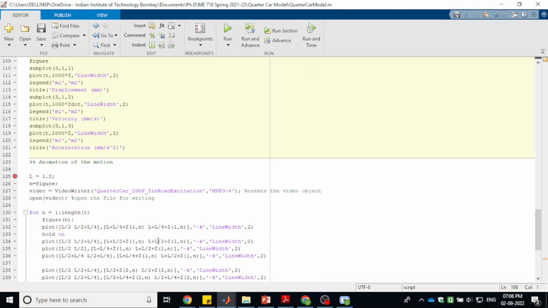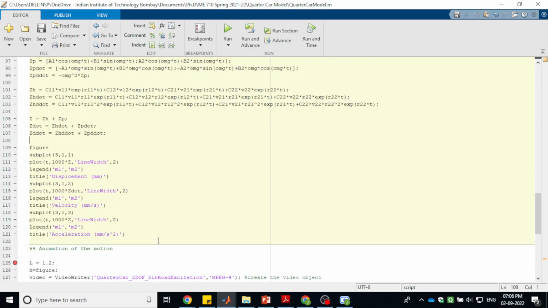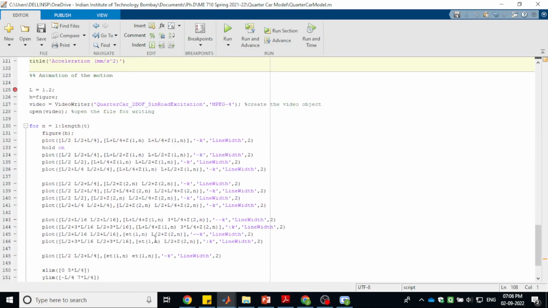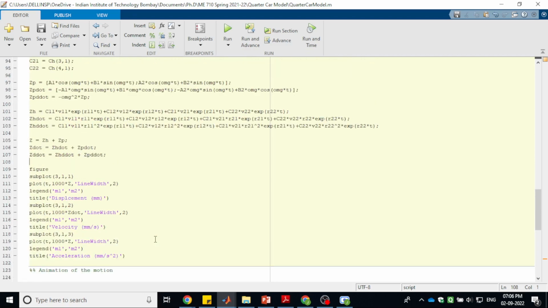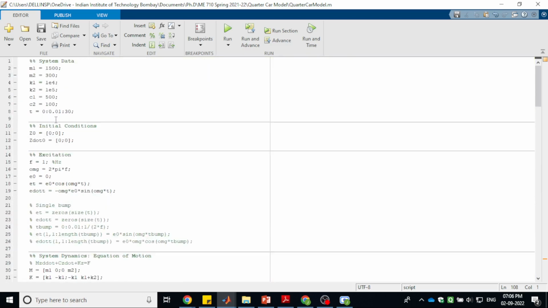So we can try to animate the response of this system to whatever initial conditions. Here in this part we can provide the initial conditions, basically the initial displacement and the initial velocities.